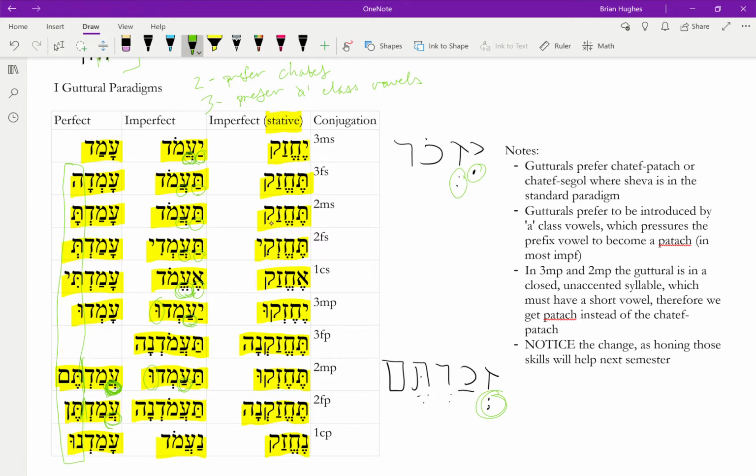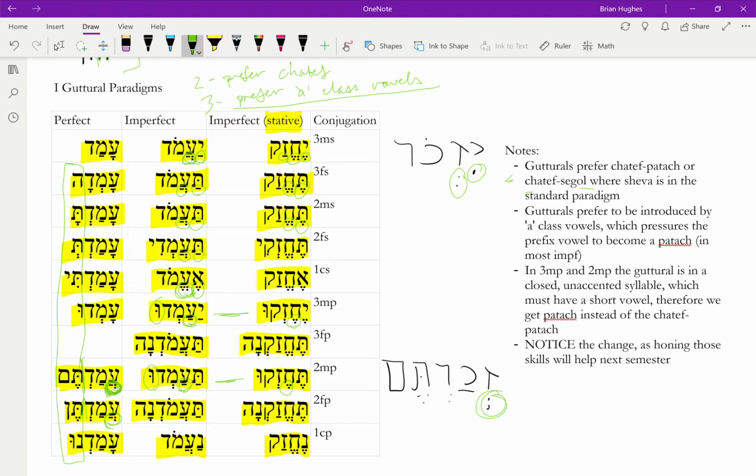So again, what we're seeing is changes because of the guttural rules. And in this case, with already the patach here, for some reason we didn't want to have that many ah sounds, and so we get this preference for the segols that we see throughout. Though, again, in the third masculine plural and the second masculine plural, we don't get the chatefs here. So, here's all the notes. The gutturals prefer chatef patach or chatef segol where the sheva is in the standard paradigm of the imperfect.